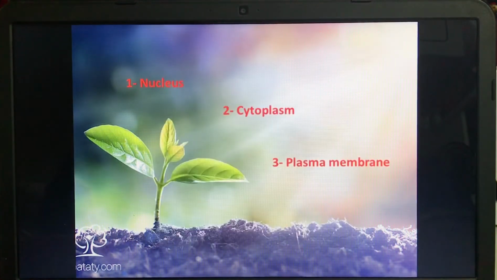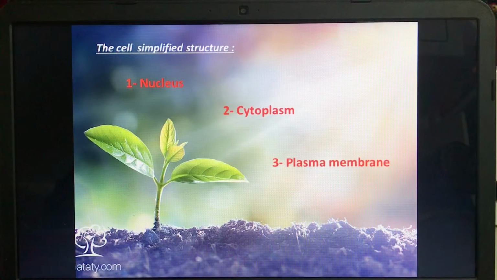Okay. Now we will talk about the cell simplified structure. It means it is the simplest structure of the cell. So any cell must contain these 3 things.